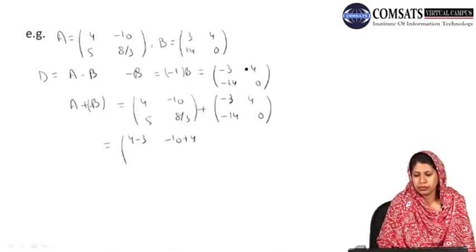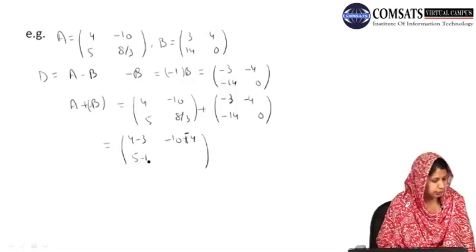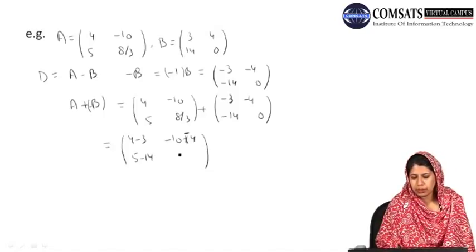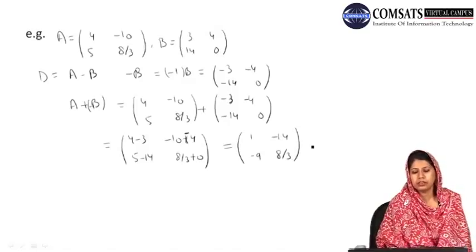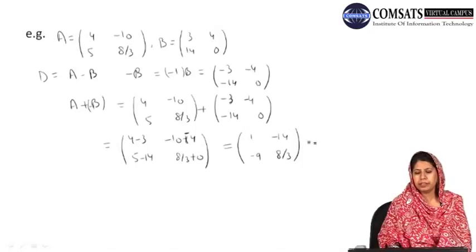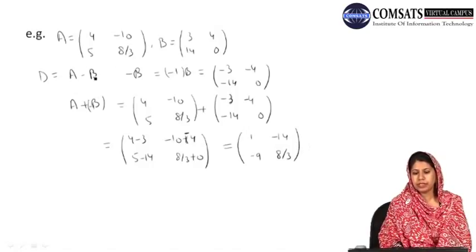Now we have 5 minus 14 and 8 by 3 plus 0, and we obtain 1, -14, -9 and 8 by 3. So this is the matrix we have obtained by subtracting B from matrix A. How? We have taken the scalar multiple of the matrix B first with the scalar k equals -1, and then we have added the resultant matrix to our matrix A.